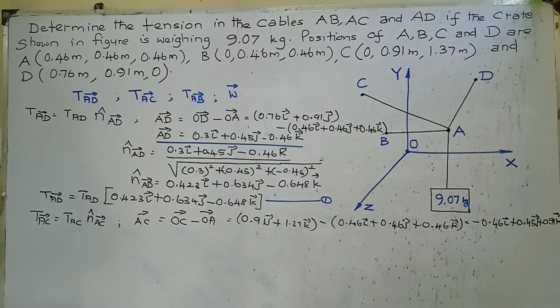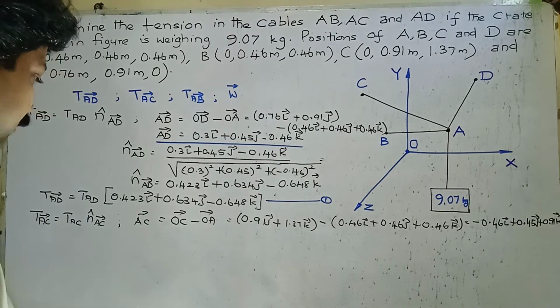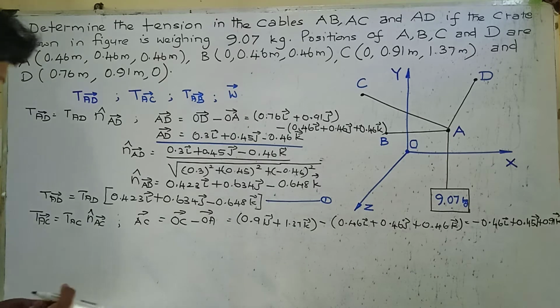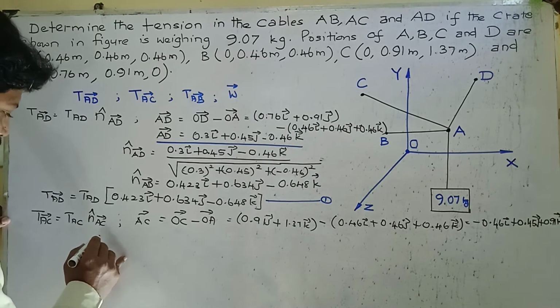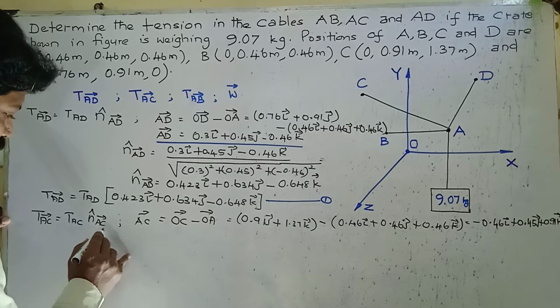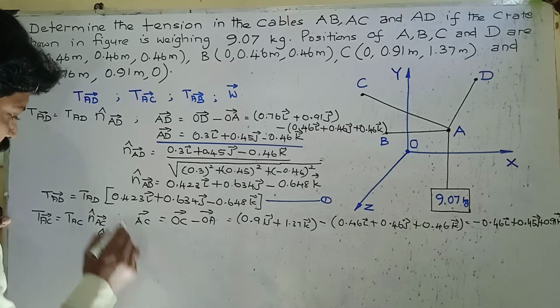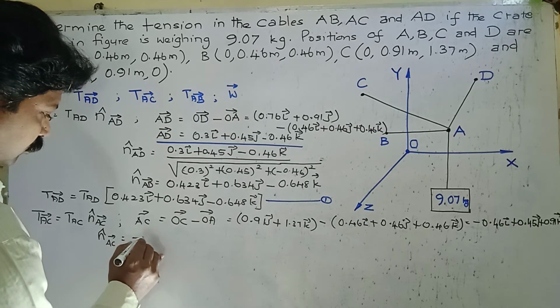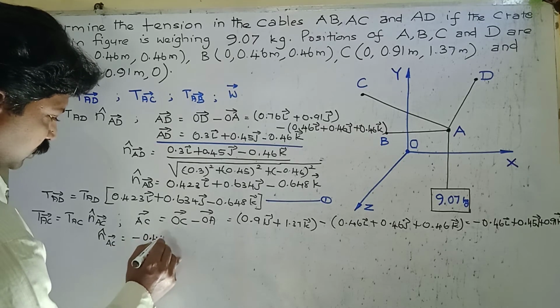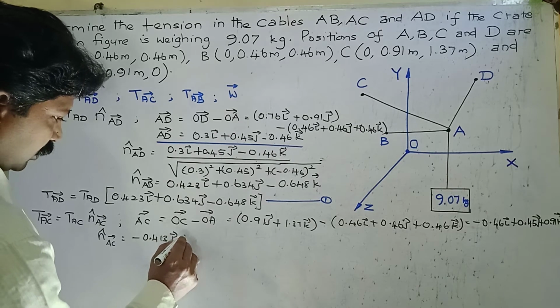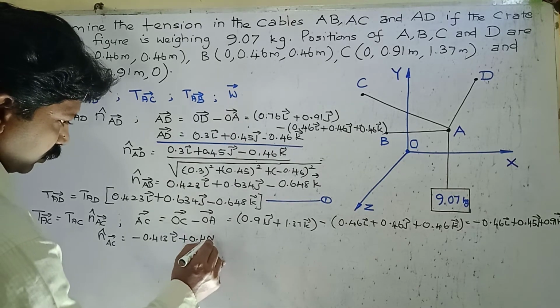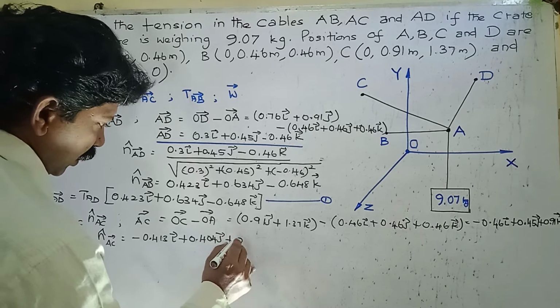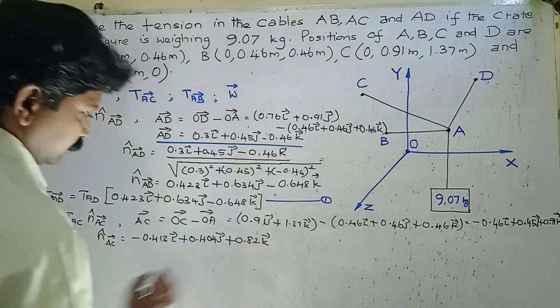Now n cap of AC vector equal to AC vector divided by magnitude of AC vector. So n cap of AC vector equal to minus 0.413 i vector plus 0.404 j vector plus 0.82 k vector.